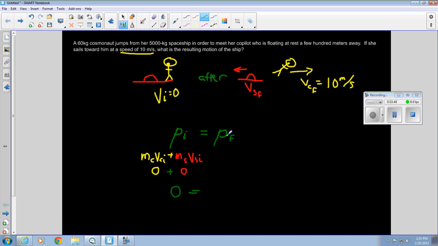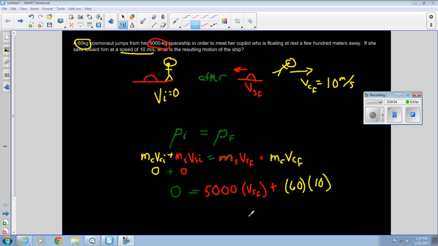So we'd expand our P final to look like this: mass of the spaceship times velocity of the spaceship final plus mass of the cosmonaut times velocity of the cosmonaut final. And we'd plug in our numbers, and we will solve for the velocity of the spaceship final.